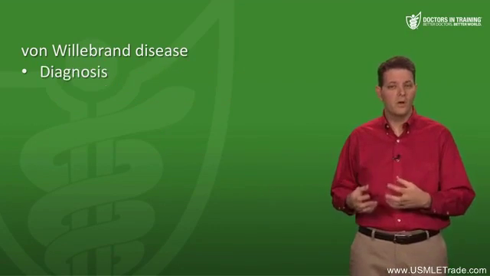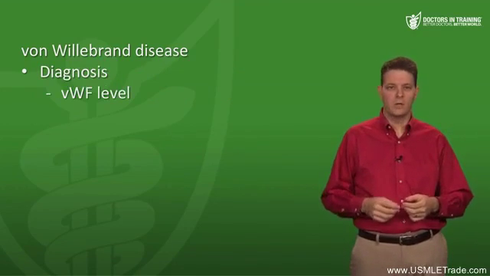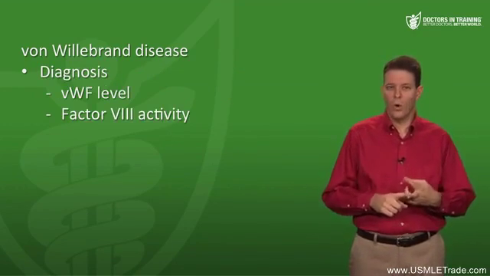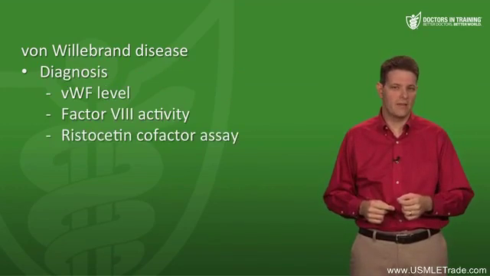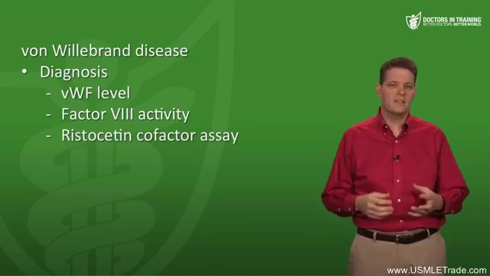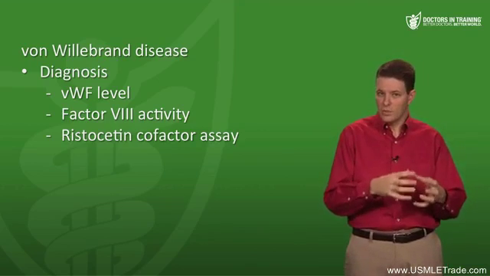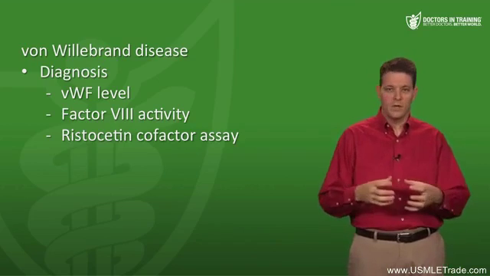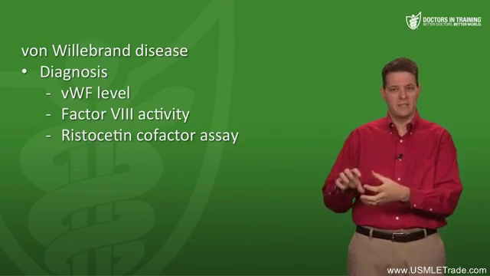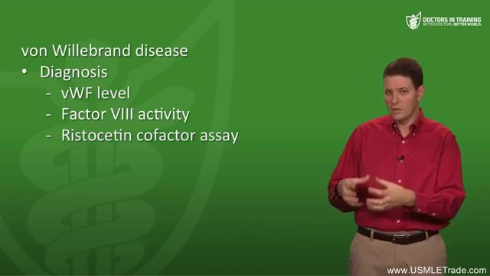Now, to diagnose von Willebrand disease, you can measure the von Willebrand factor level, you can measure the factor VIII activity, or you can do a ristocetin cofactor assay. And that's the diagnosis you're most likely to see on step 1. Ristocetin is a substance that causes platelets to agglutinate if von Willebrand factor is present. So if you take the patient's blood and you add ristocetin and the platelets agglutinate, that means the patient's blood does contain von Willebrand factor.